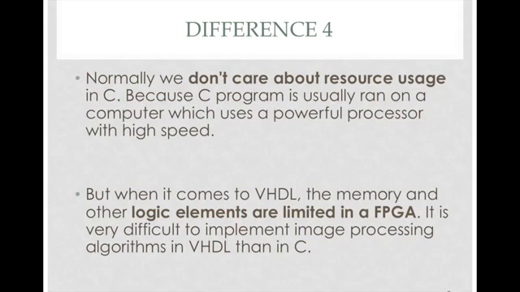The last difference is, normally we don't care about the resource usage in C, because C programs are usually run on computers which use a high processing power with high speed. But when it comes to VHDL, the memory and the other logic elements are limited in an FPGA. It is very difficult to implement image processing algorithms in VHDL than in C.